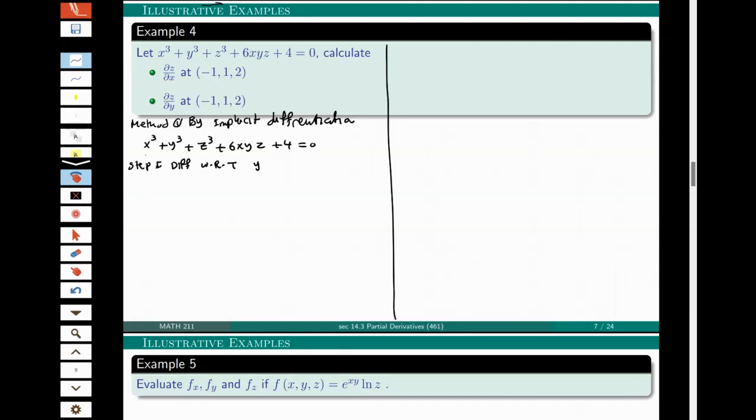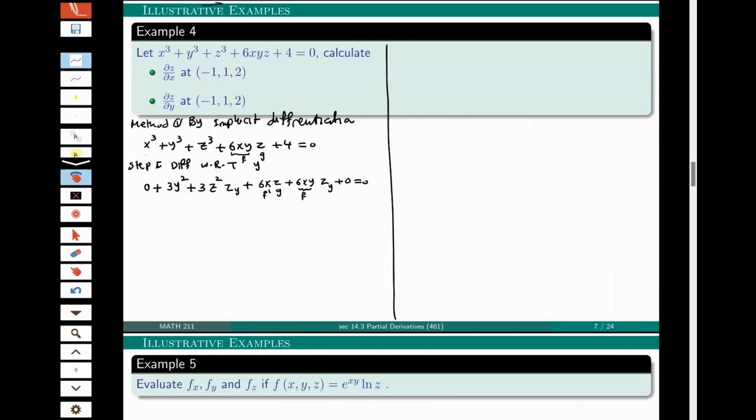So x cubed, its derivative is 0. Derivative of y cubed will be 3y squared. The derivative of z cubed, as we just said, is 3z squared z sub y. Here I have a product rule. This is the first, and that's the second. The derivative of the first with respect to y will be 6xz, the derivative of the first times the second, plus the first, which is 6xy, times the derivative of z, which is z sub y, plus 0 equal to 0.